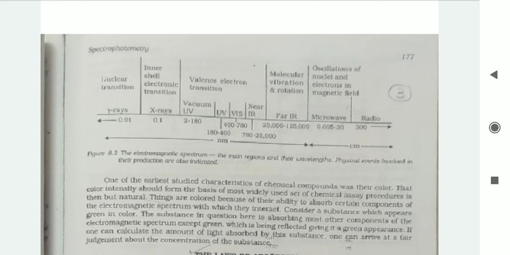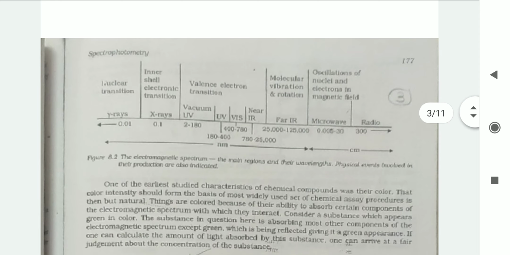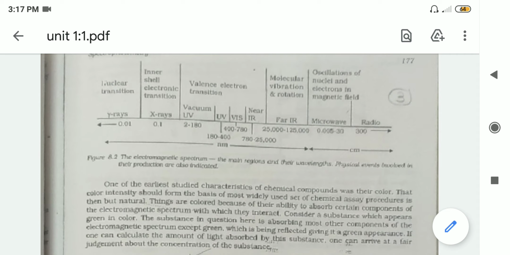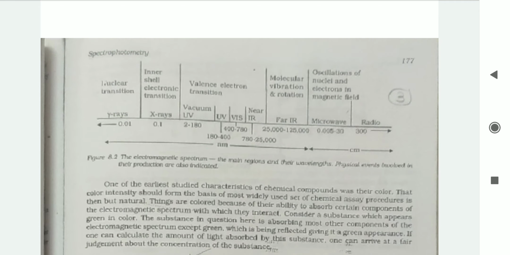This is the concept. If the wavelength is very small, in the nanometers, as small as 0.01 nanometers, then it is in the nuclear range, and these rays are referred to as gamma rays.